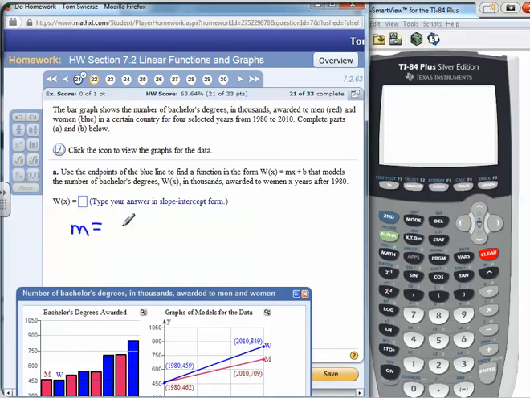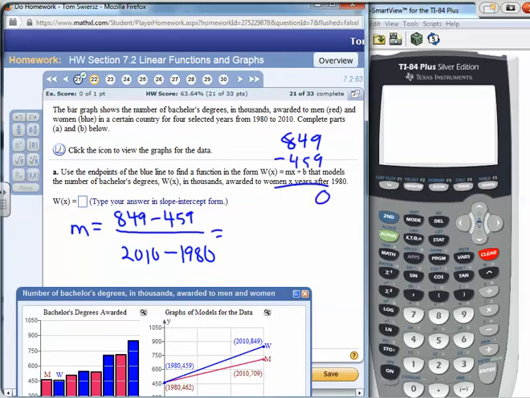So y2 is 849, minus y1 is 459, divided by the year 2010 minus 1980. 849 minus 459 is 390, divided by 2010 minus 1980, which is 30.